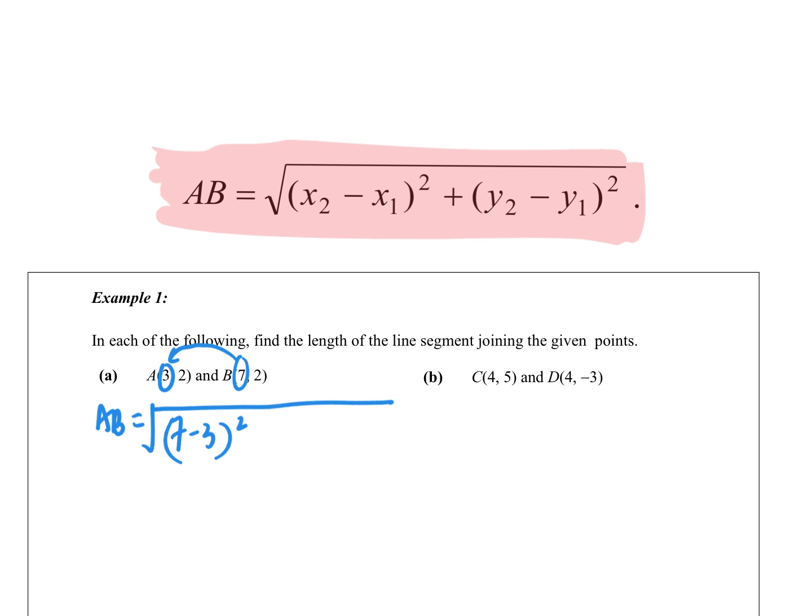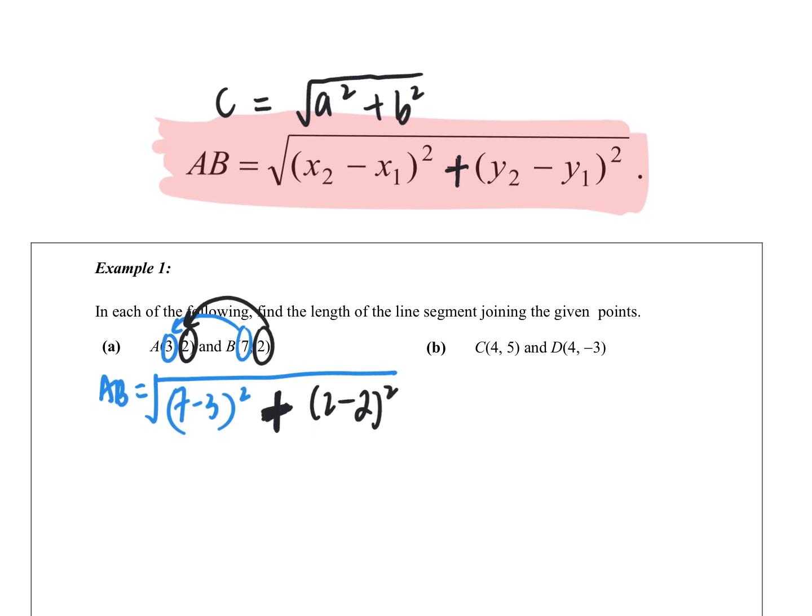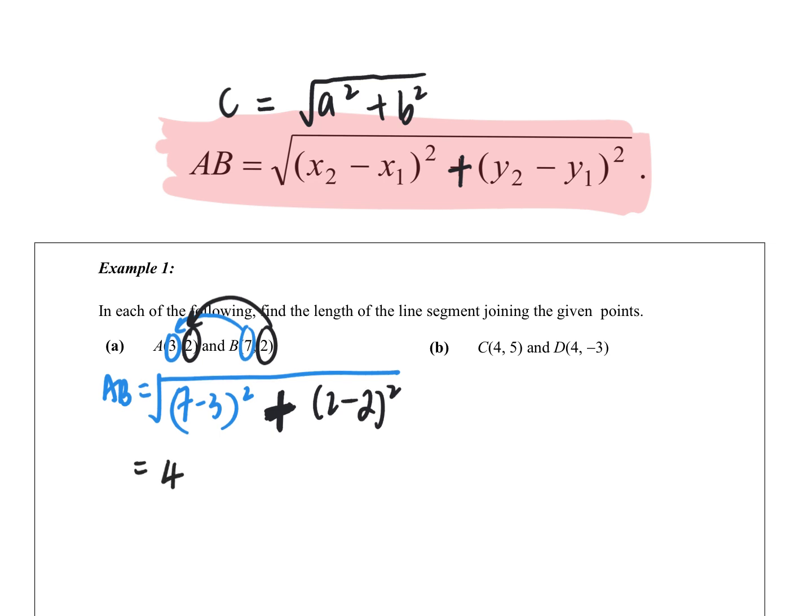You also take the difference of the y coordinate and then you square it. Remember, in the middle is a plus because Pythagoras theorem is a square plus b square. Okay, so this is a plus, don't forget that. I will have students writing minus due to exam stress. So you will get answer as 4 units.